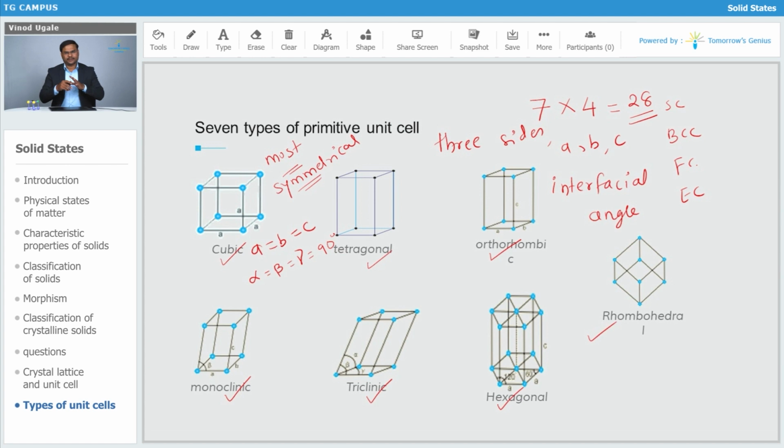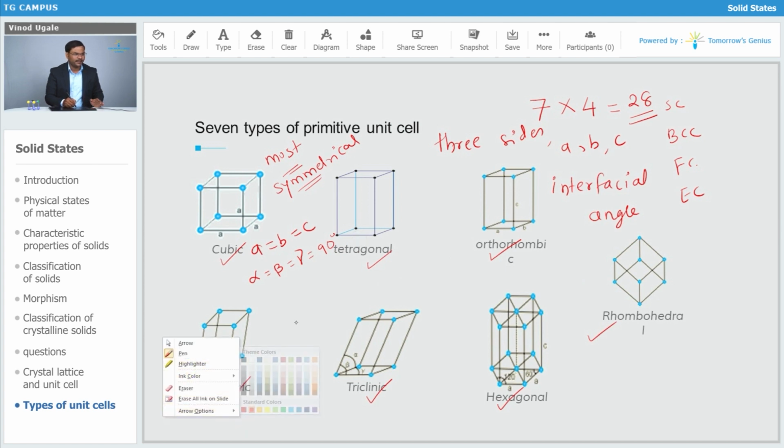So likewise, we have seen in the cubic crystal system, that is A is equal to B is equal to C, and alpha, beta, gamma, all the angles are going to be 90 degree. Similarly, in case of tetragonal system, you can identify by the diagram that this side A and the another side, that is B, this is our A.